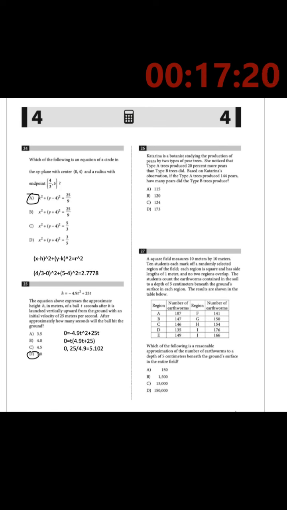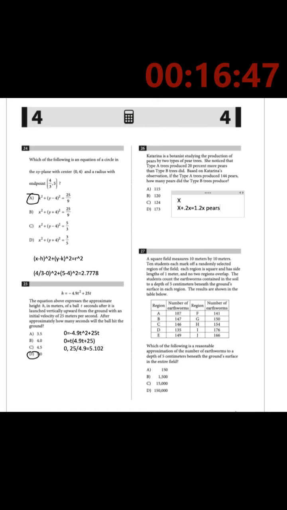Okay, so we know that type A trees produce 20% more pears than type B trees. So let x be the number of pears produced by type B trees, and because type A trees produce 20% more pears, it can be represented as x plus 0.2x equals 1.2x pears.